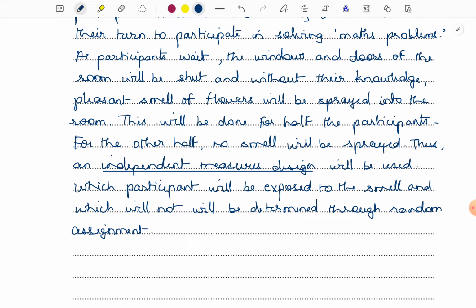Again, here if you want, you can take it as a point of validity and say this is to prevent individual preferences of smell from confounding the results. But again, I don't intend to take validity over here.